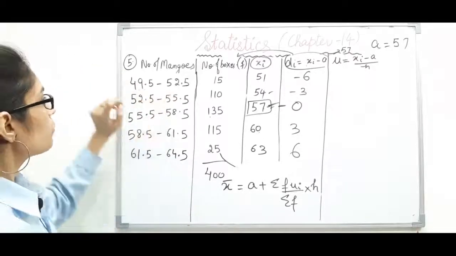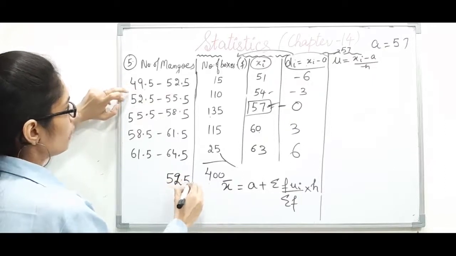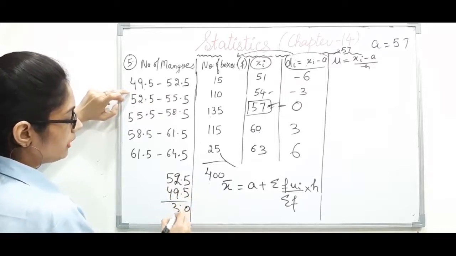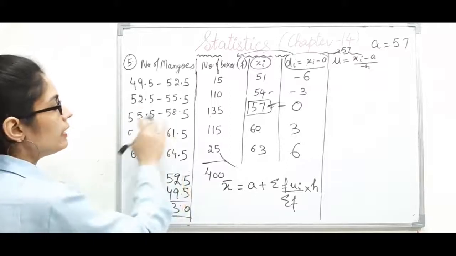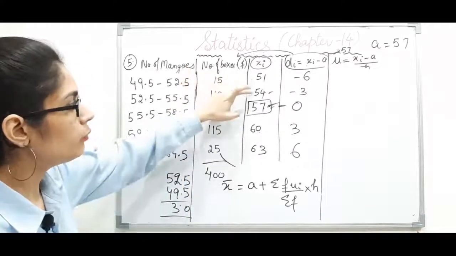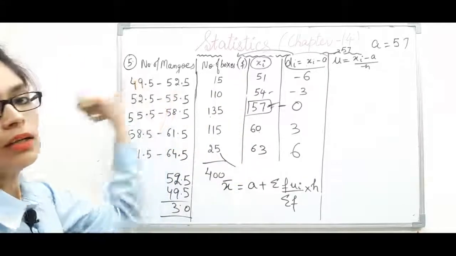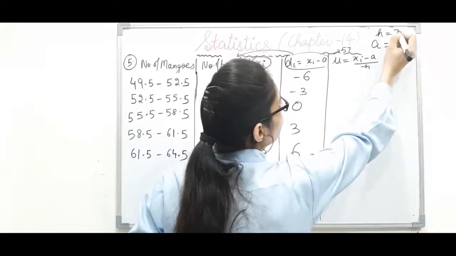You can see 52.5 minus 49.5, if you see, you will get 3, which means the height of this interval, for each you can check, it will be 3 only. Here also at the starting I explained when we found class marks. So height will be the difference in the class interval. Now we have got h equals 3.